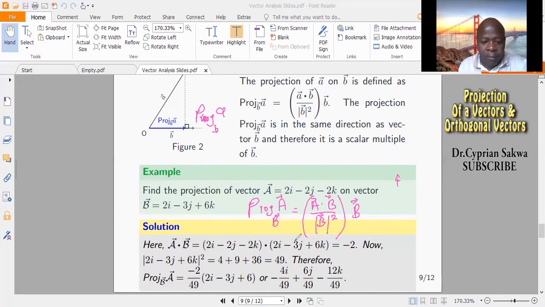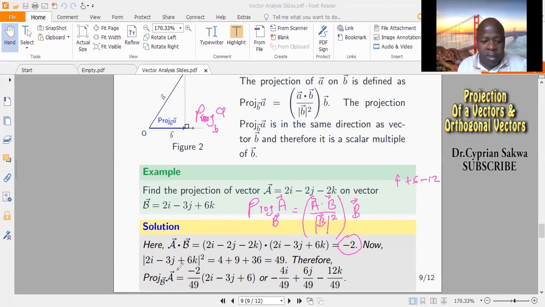Negative 2 times negative 3 is 6. And then negative 2 times positive 6 is negative 12. And that is what gave me negative 2.